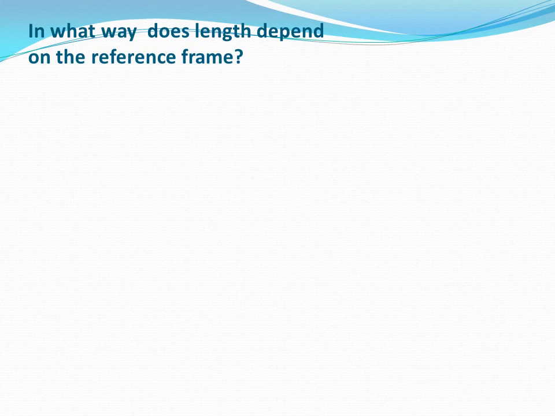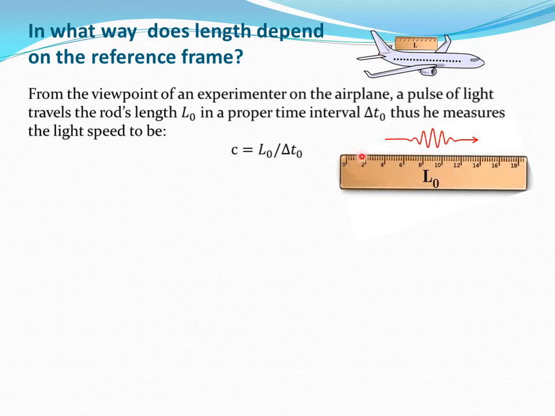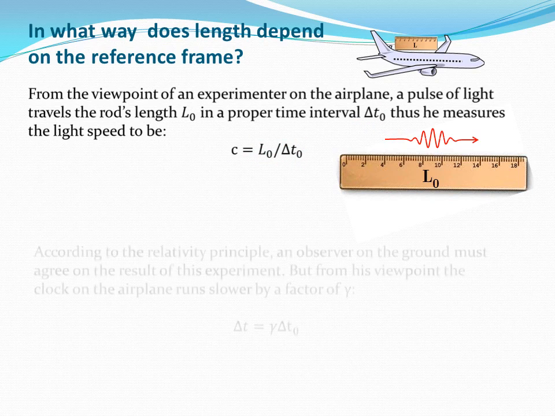Consider a road on board an airplane. From the viewpoint of an observer on the airplane, a pulse of light travels the road's length L0 in a proper time interval delta t0. Therefore, he measures the light speed to be c equals L0 over delta t0.